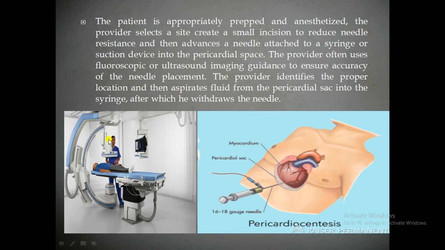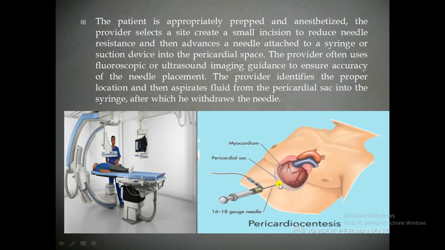This is the fluoroscopic imaging guidance. Like this he will use the fluoroscopic or ultrasound imaging guidance to know the proper location of the needle placement. Like this he will place the needle right into the space.